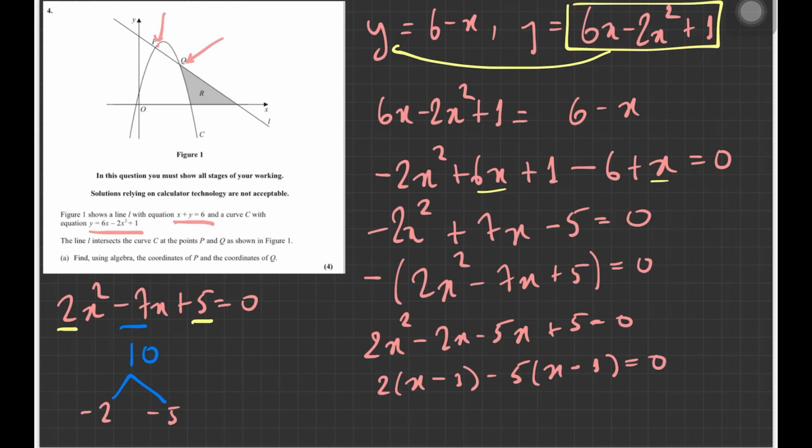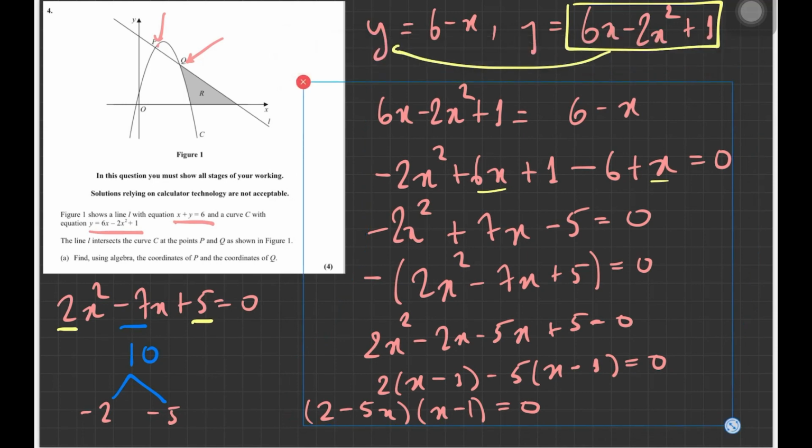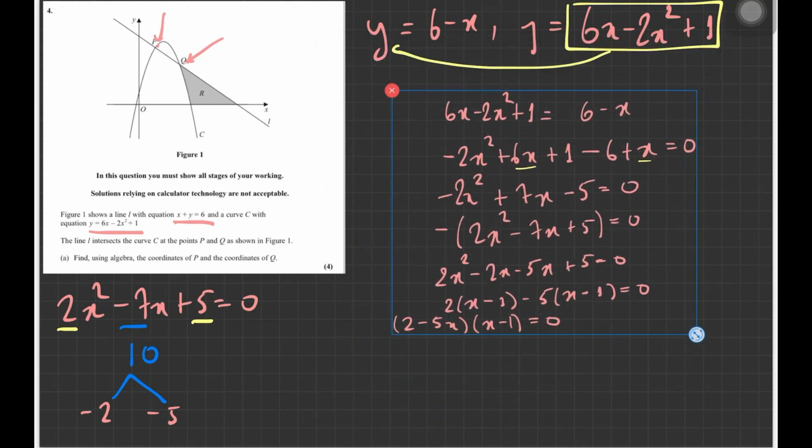So what I get here is 2x minus 5 if I factorize it further, and x minus 1 is equal to 0. And then from here, what I will get, let me reduce the size of these things so I can have a bit more space to continue the question. Let's make it smaller.